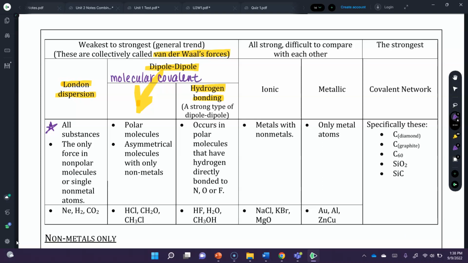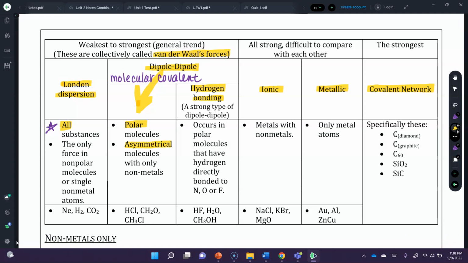We also have ionic, metallic, and network covalent, or covalent network. And then we have descriptions for all of these. So London dispersion is for all polar asymmetrical molecules.